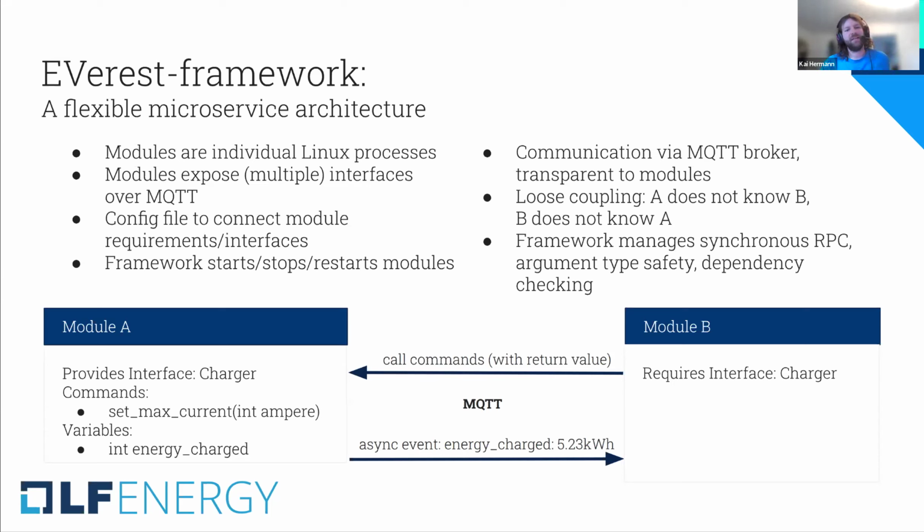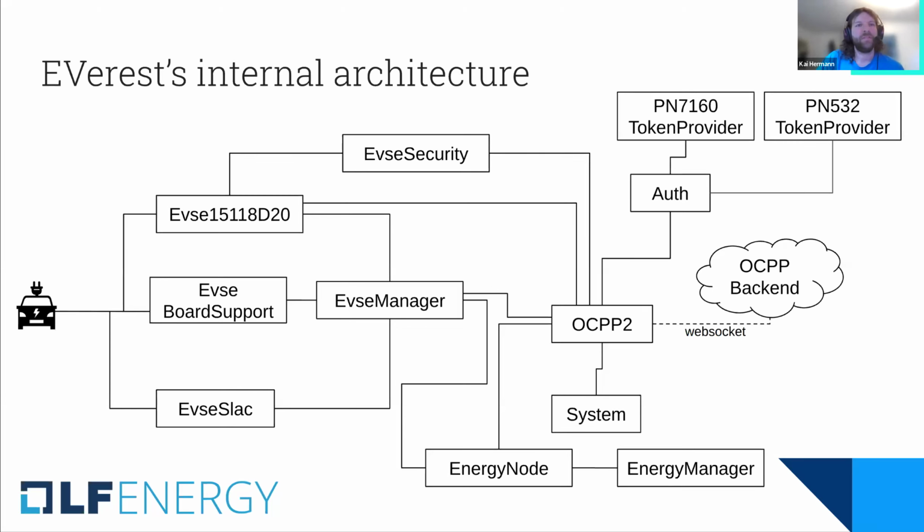On the next slide, you can see how you can configure a charging station with these kinds of modules. This is a simplified example of how the module setup can look for a charger. On the left side, you can see the vehicle, represented by this nice little EV icon.